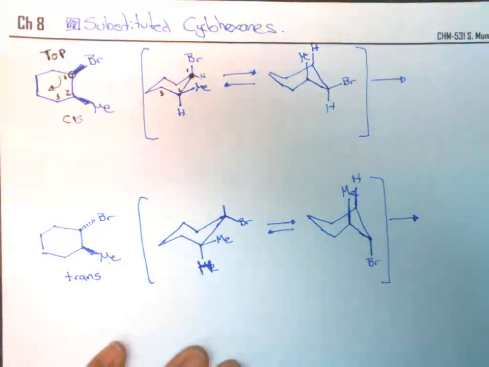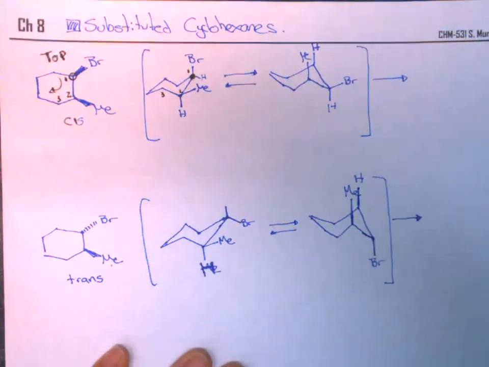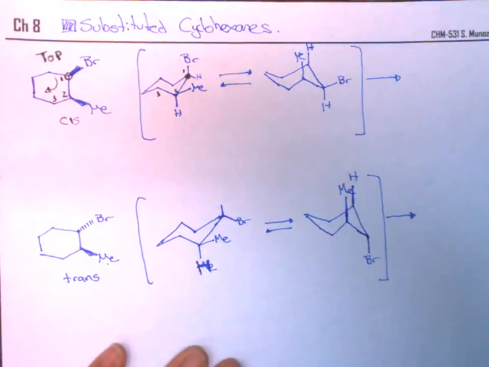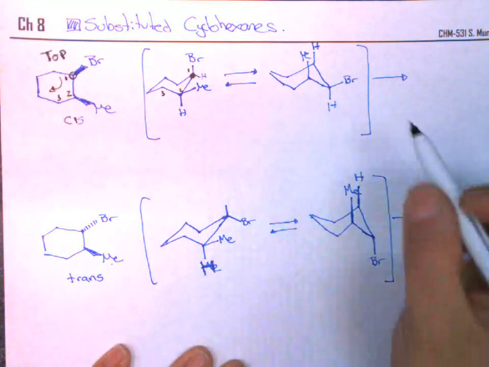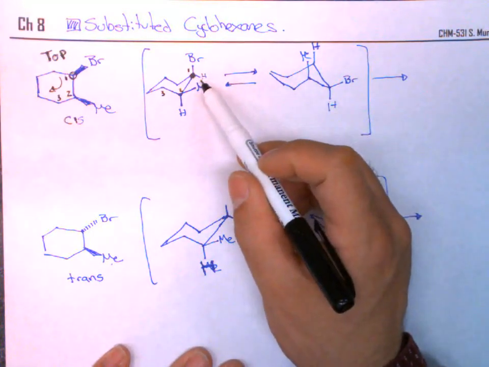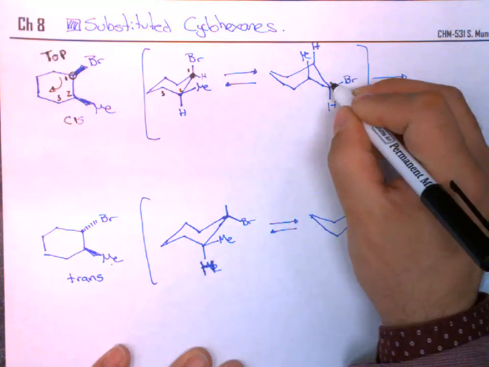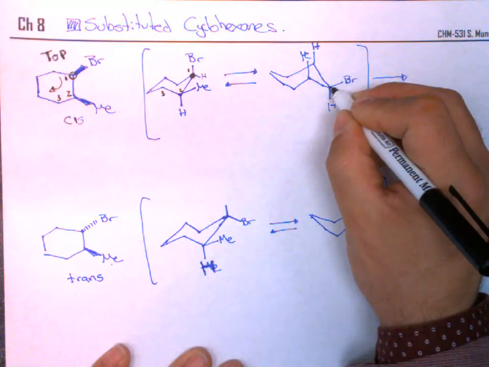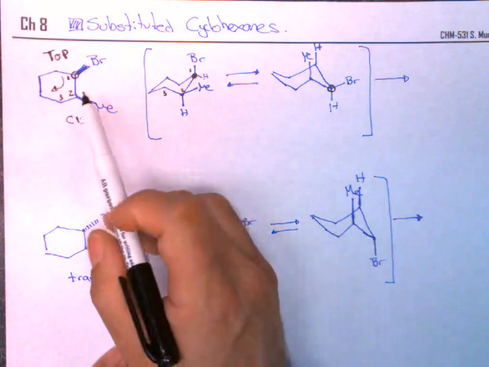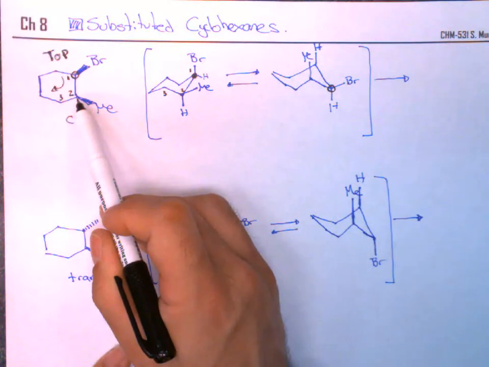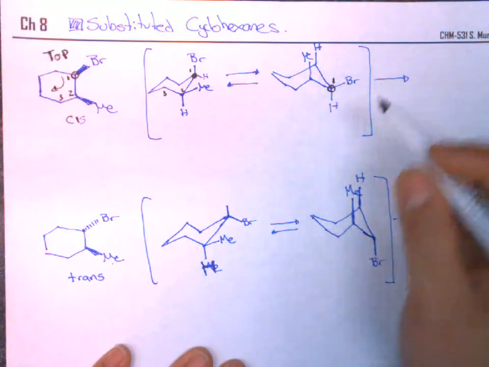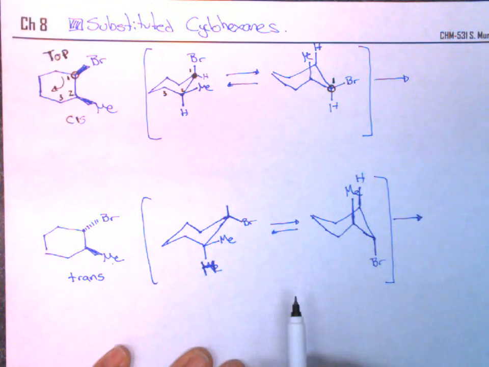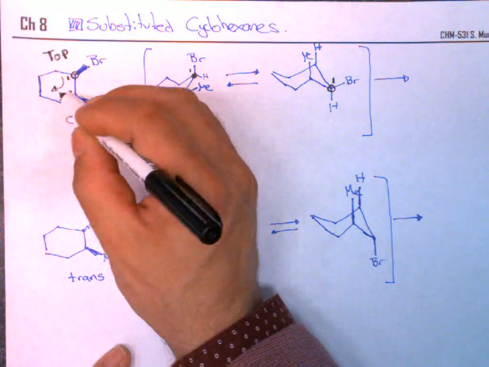Stick to that arrangement and to the assignments that you made. So then, once you do the chair flip, this is going to be what carbon? This one right here, according to my arbitrary assignment. That's 1. It shouldn't change. Which one is carbon 2? Remember, I started going counterclockwise.